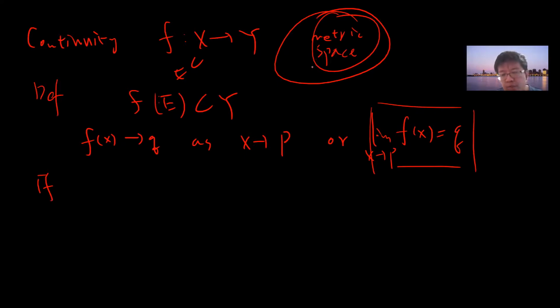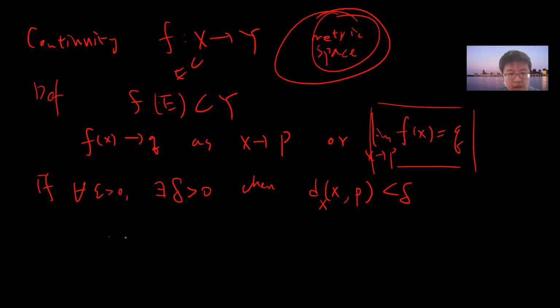After that, we will talk about how to define continuity in a general topological space. So for all epsilon greater than 0, there is a delta greater than 0 such that when d_X(x, p) is less than delta, where this is the distance in X, it implies that d_Y(f(x), q) is less than epsilon.